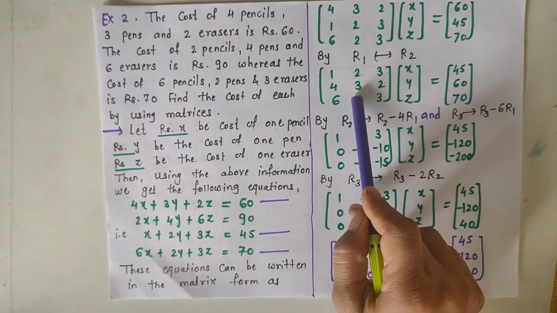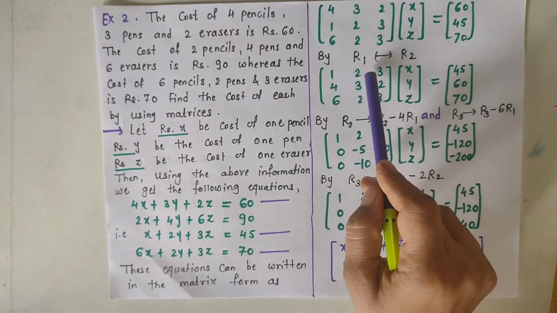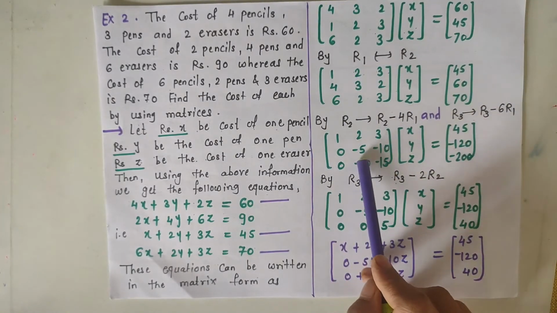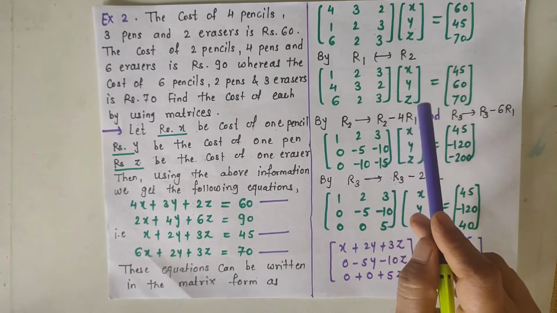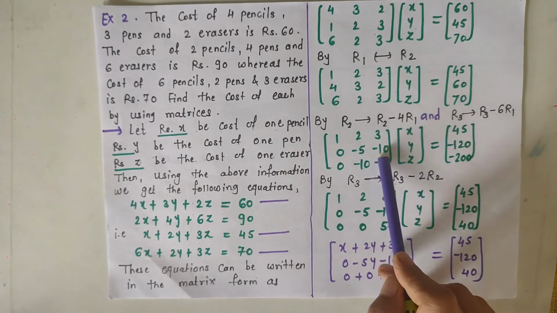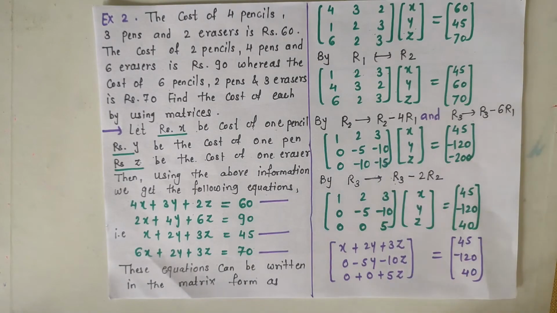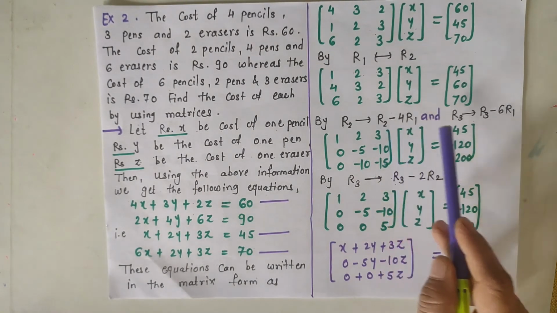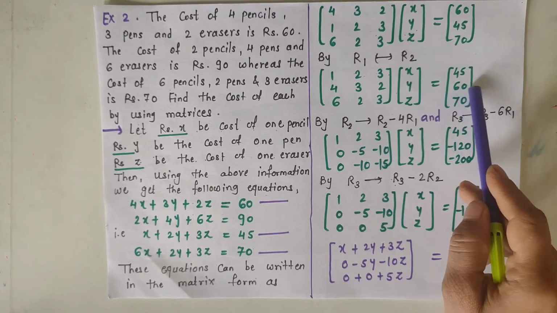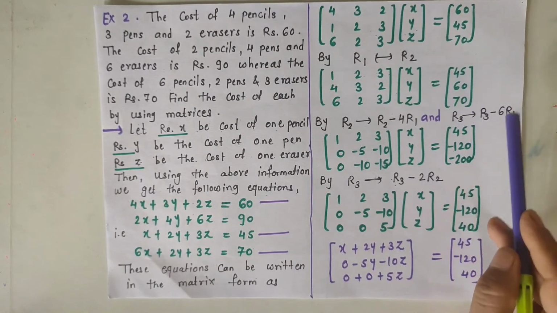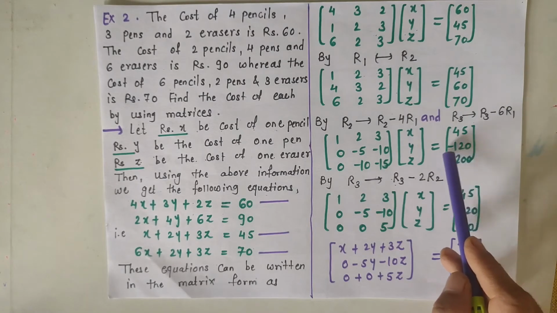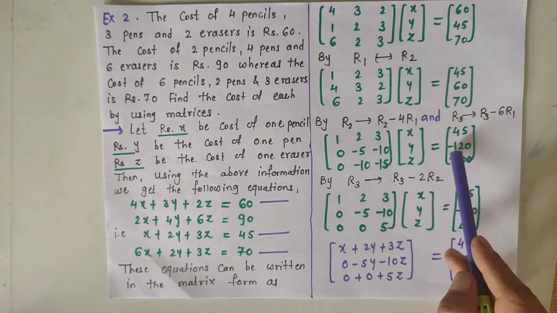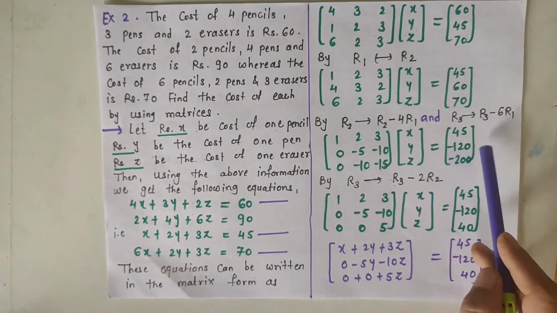For the second element, 3 minus 4 into 2 is 8, so 3 minus 8 is minus 5. 2 minus 4 into 3 is 12, so 2 minus 12 is minus 10. Applying the same transformation on the constant matrix, 60 minus 4 into 45, the resultant element is minus 120.